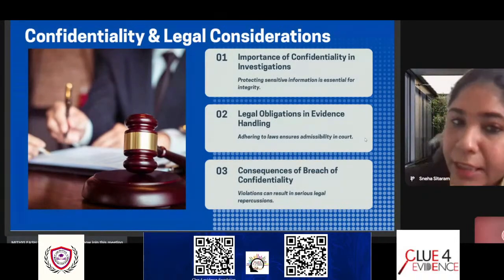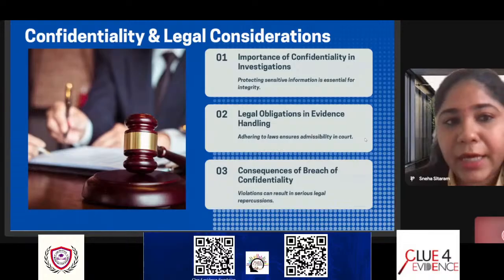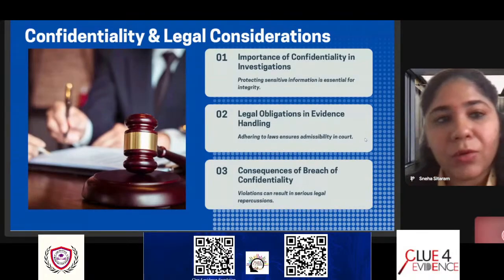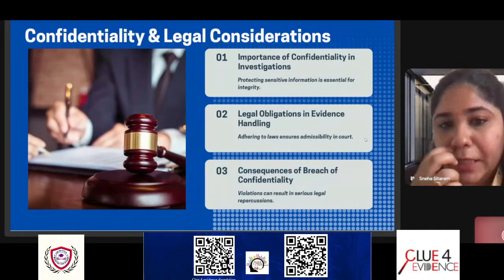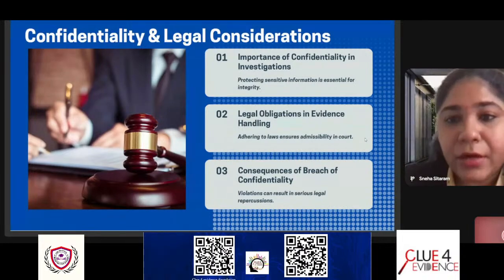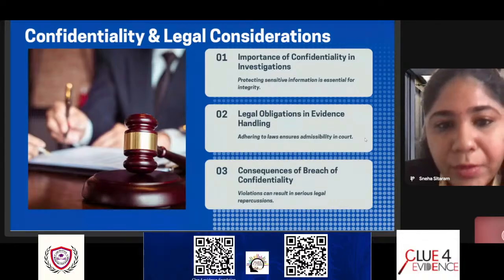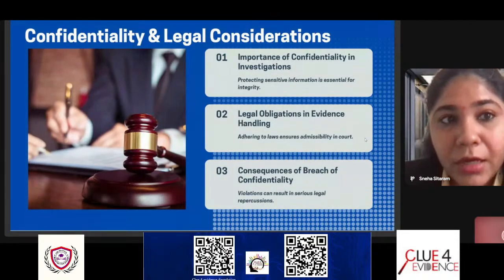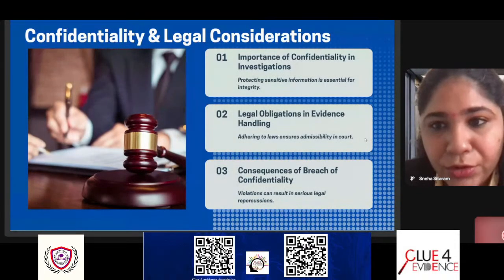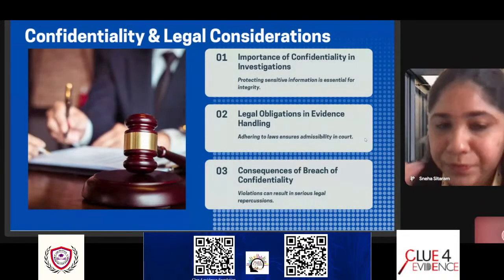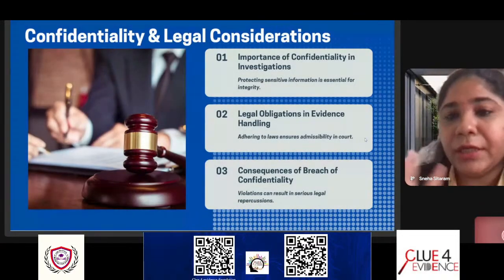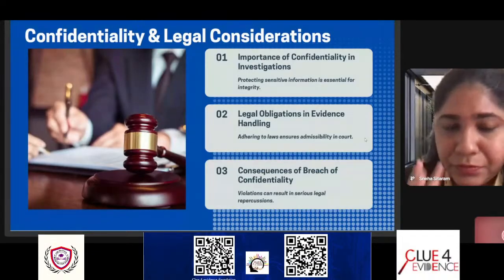And legal obligations in handling. Confidentiality and legal obligations go hand in hand, where the evidence obtained so far has to be admissible in court. In order to be admissible in court, we need to follow certain guidelines.